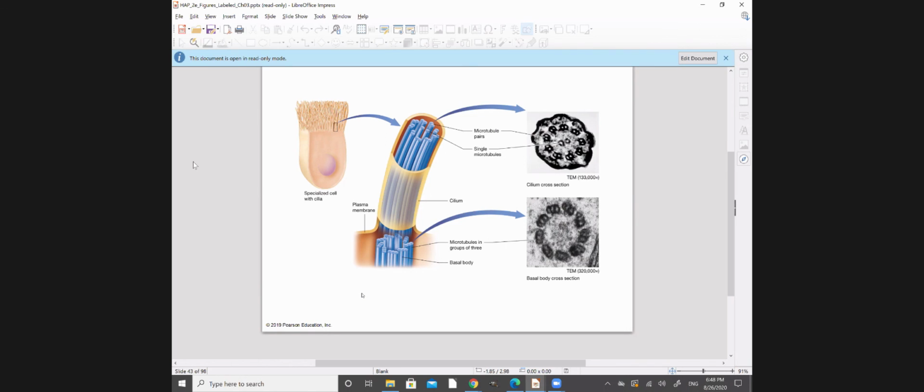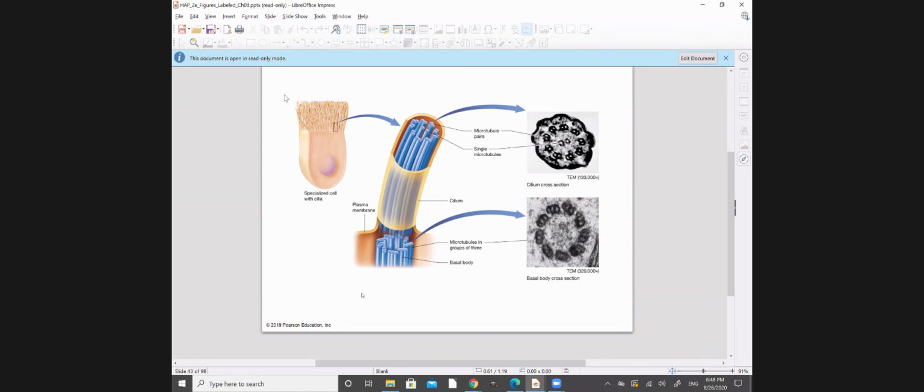Here we can see the microtubules in pairs, and they are becoming the skeleton for these appendages called cilia. And cilia is like a hair on the top of the cell. Of course, they are facing the outside.